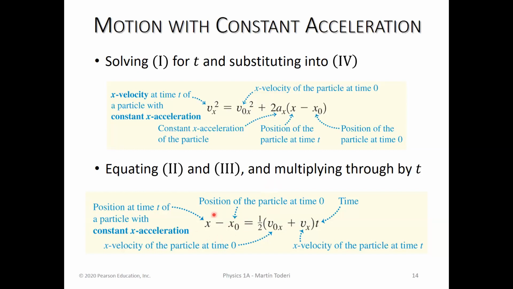But you can relate the displacement, the position at time t of that particle, the initial velocity and the final velocity and time. So as you can see here, we don't have the acceleration in the middle. So it's just a way that we can get our strategy right to find the values that we need for our problem.